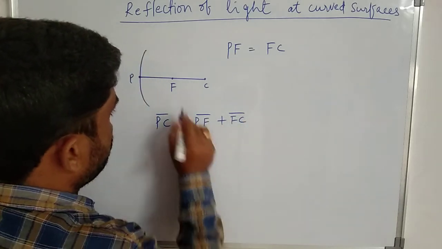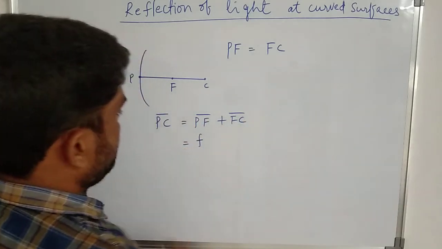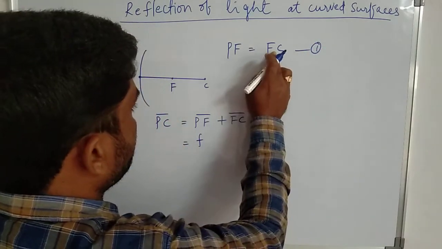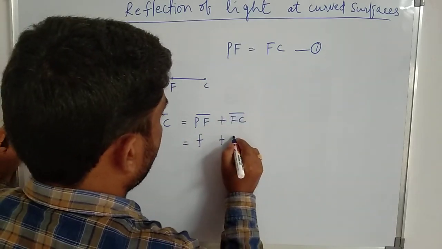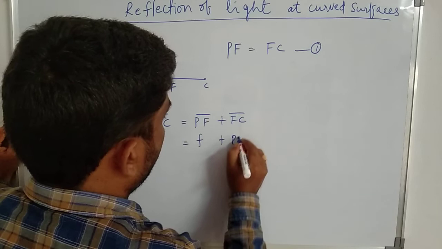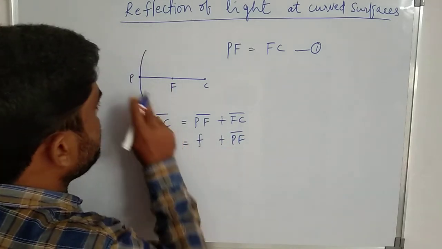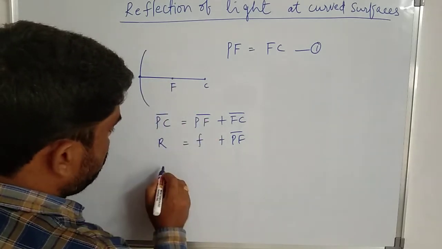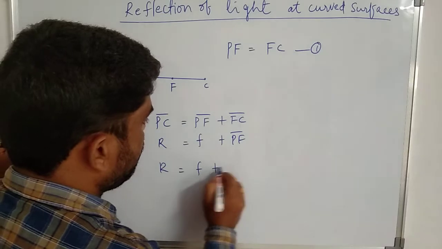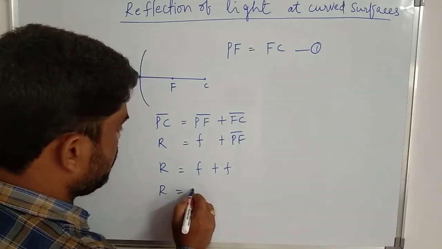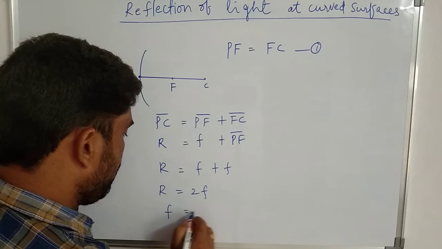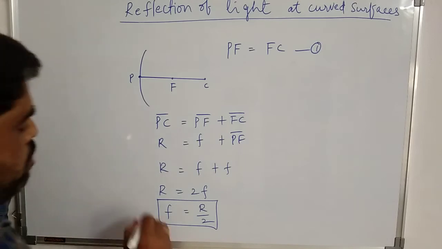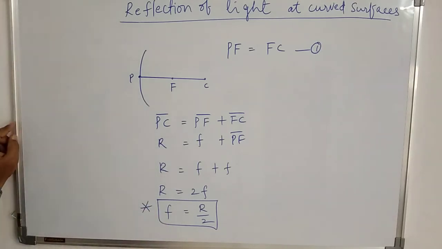PF is equal to f, and FC is equal to PF, that is FC is equal to f. PC is the distance between P and C, which is equal to R. So R is equal to f plus f, that is R is equal to 2f, or f is equal to R by 2.